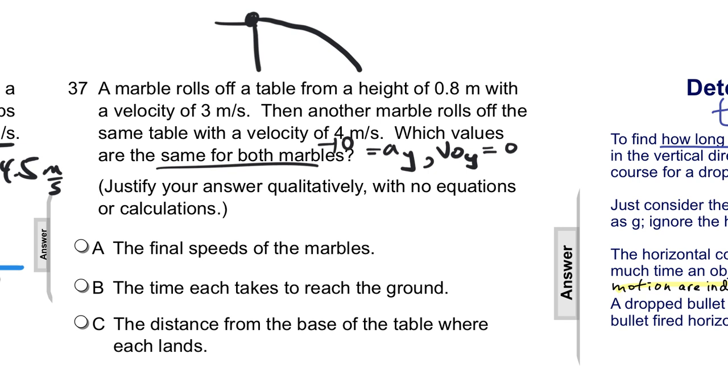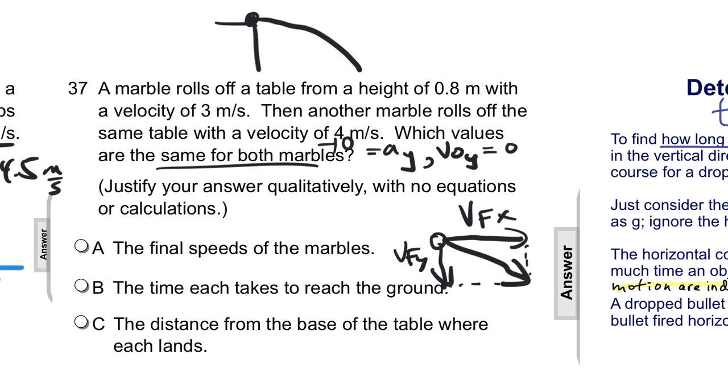The final speeds of the marble? No, because when that marble hits the ground, the one with the bigger VFX, they both have the same VFY. The one with the bigger VFX will have a bigger final velocity.